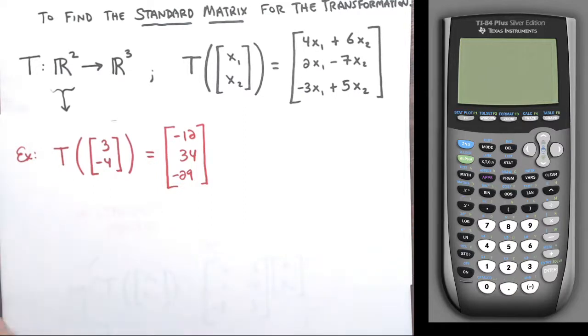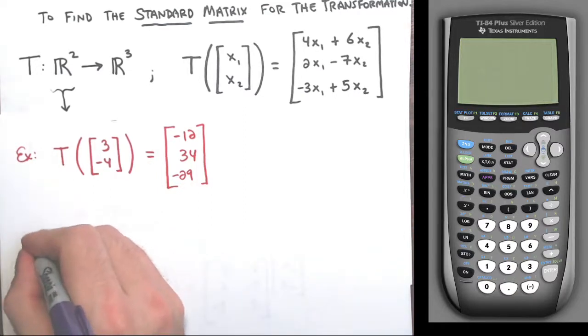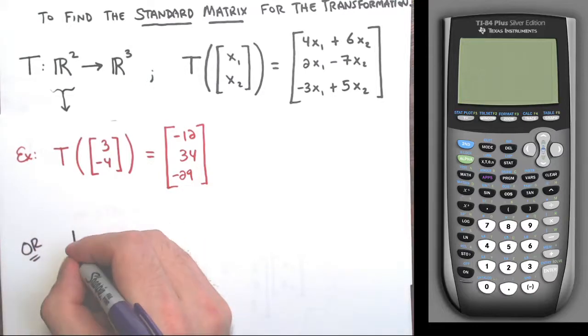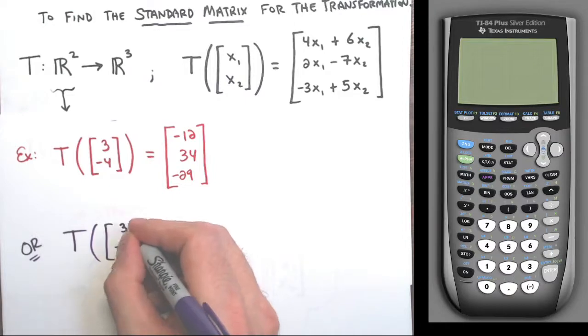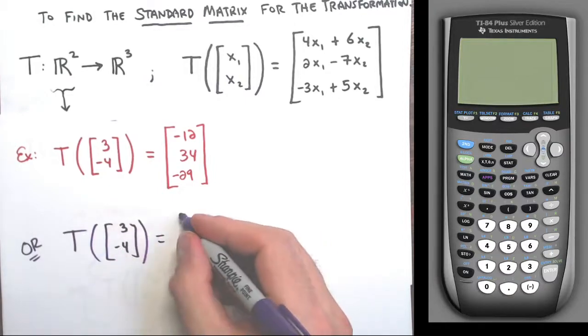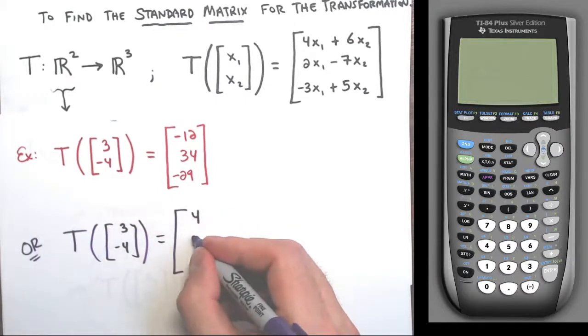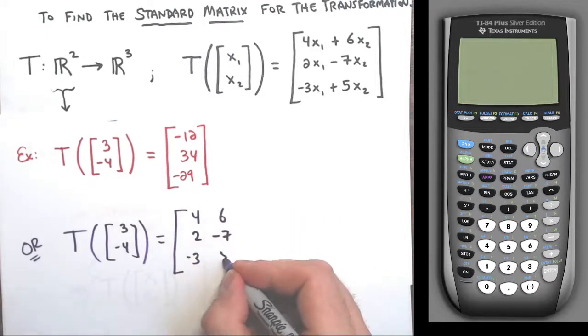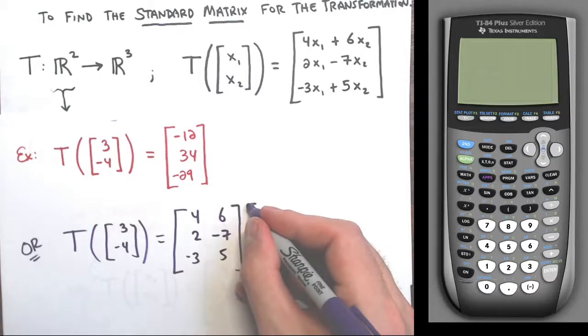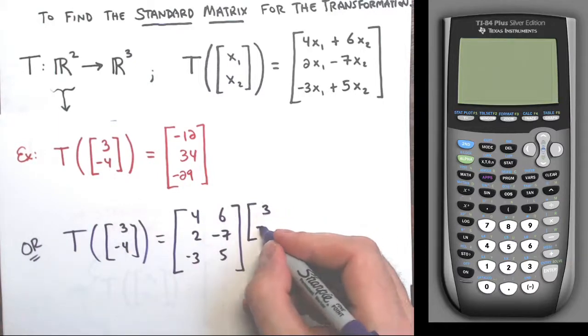So I get that this vector is the image of the vector 3, negative 4. But you could also use that matrix product. T of 3, negative 4 is going to be equivalent to our standard matrix, which was 4, 2, negative 3 first column, 6, negative 7, 5 second column, multiplied by the input vector 3, negative 4.